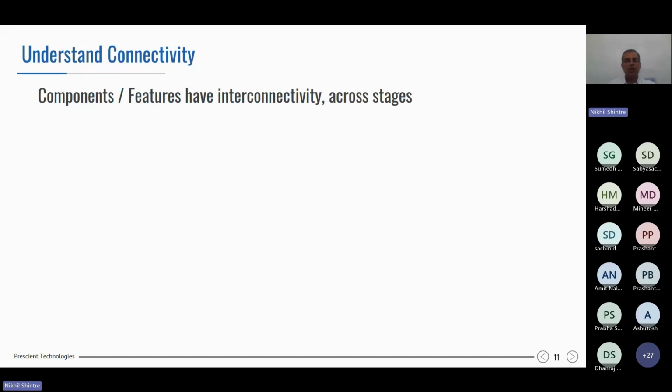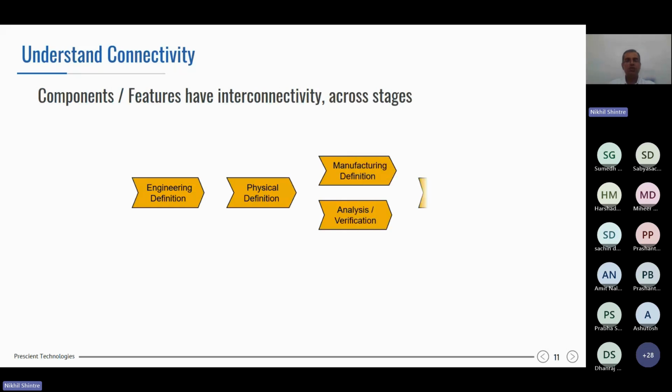If you look at any product definition, this whole journey goes through multiple functions and multiple tools. I have created a simple representation where it starts with some kind of engineering definition, then it goes to physical definition where you do actual design, and then manufacturing definition where you decide how this would be manufactured.